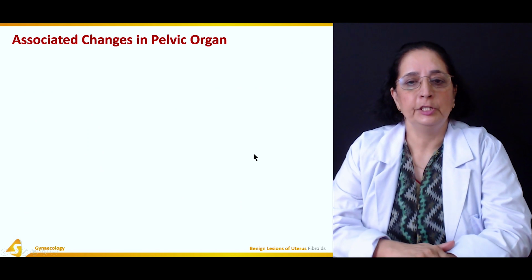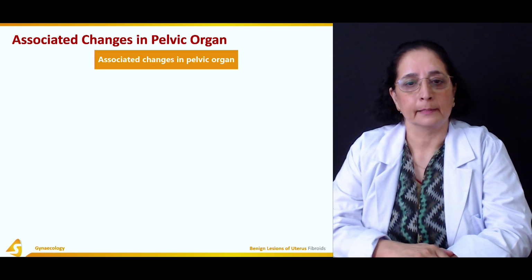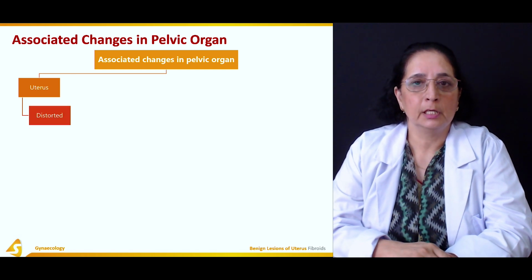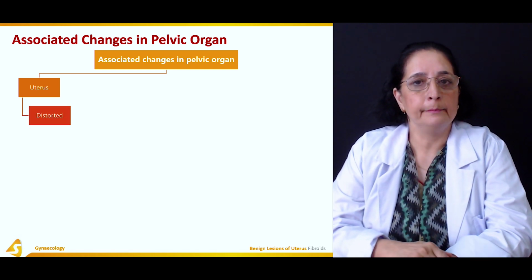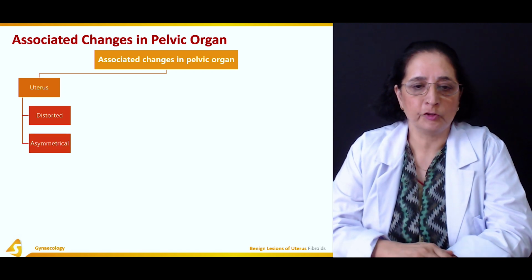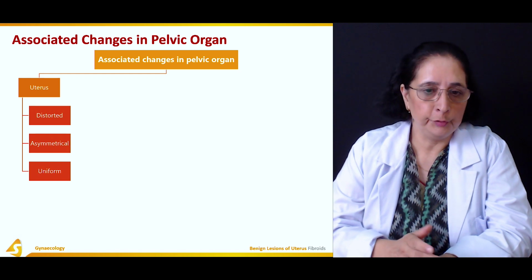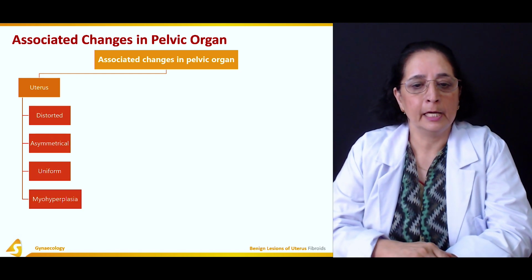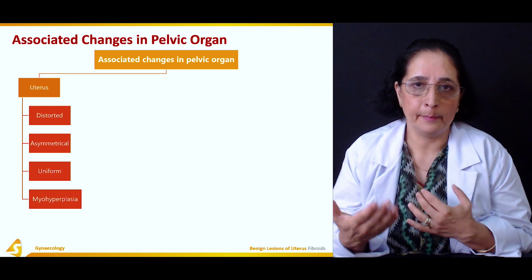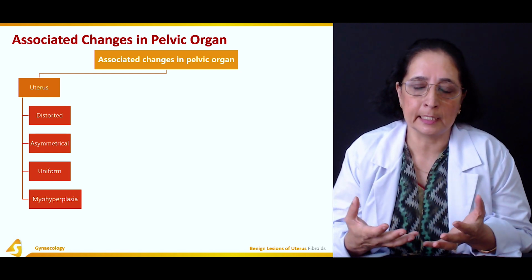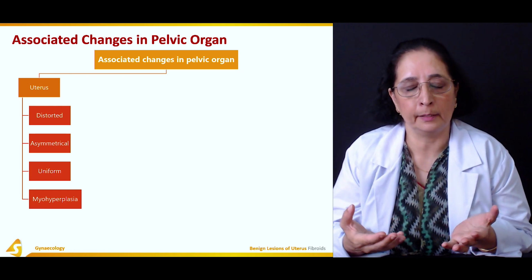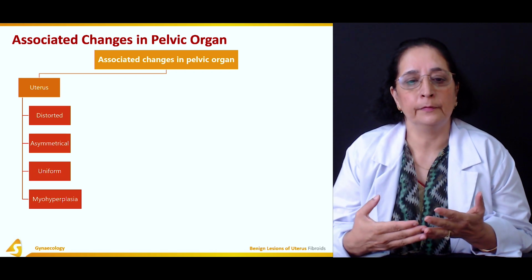Now, associated changes in the pelvic organs. Changes in the uterus with the fibroid: it can be distorted, it can be asymmetrical, it can be uniform, or there might be myohyperplasia. Myo is muscle. Hyperplasia is excessive growth, or excessive multiplication of the cells.